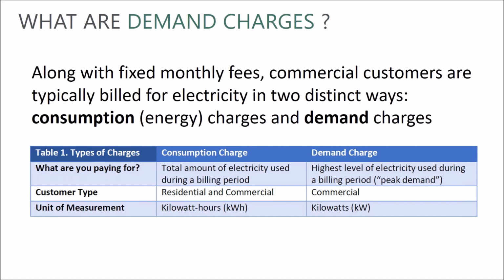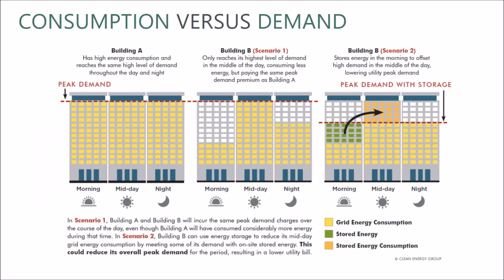And if you have a spike in that demand, that's going to increase your demand charges. That highest level is called your peak demand for the month, and it's measured in kilowatts instead of kilowatt hours. Usually these are applied just to commercial customers, although there are places where residential customers are subject to demand charges as well. Not that prevalent today, but utilities are increasingly exploring that for residential customers.